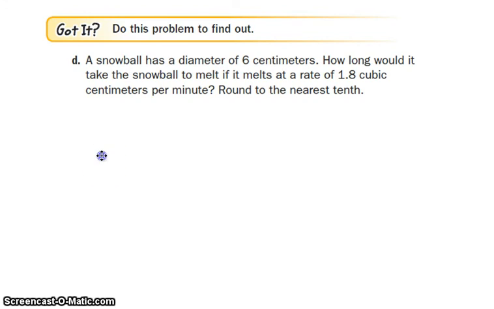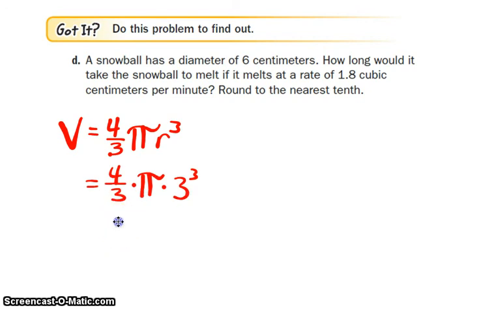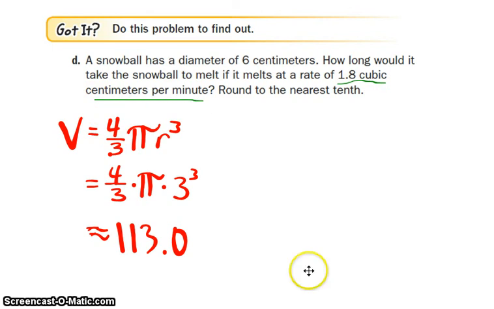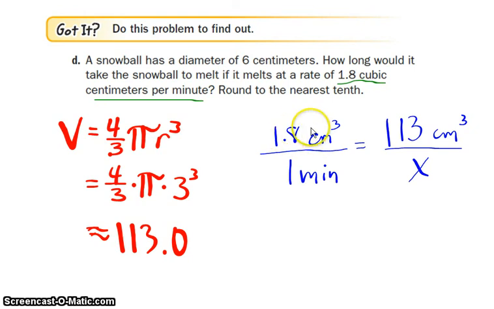Let's see how you did on the volume. There's our formula. The radius is going to be 3. When we multiply it out, we should get 113.0 if we've rounded correctly. Now we need to take this and set up a proportion. Here's the other thing you need: 1.8 cubic centimeters per minute. So here's our proportion: 1.8 cubic centimeters per minute.